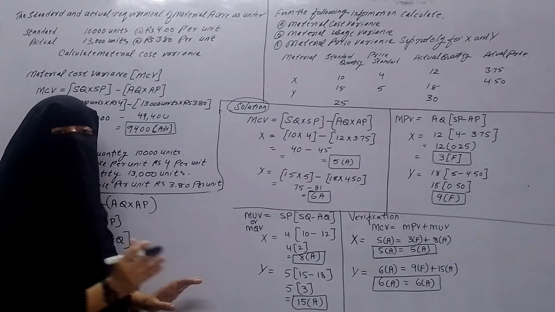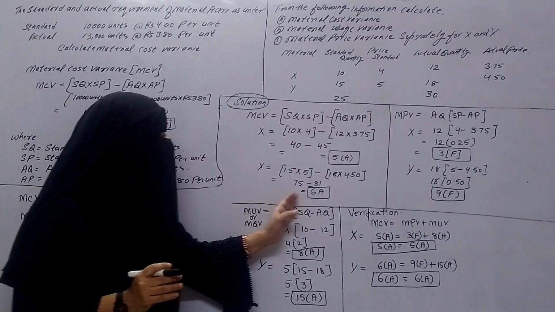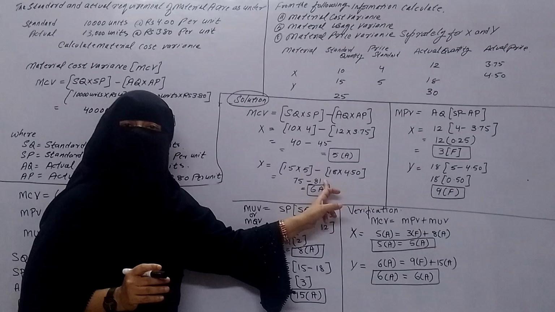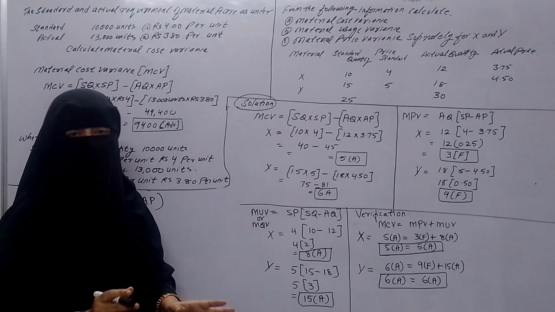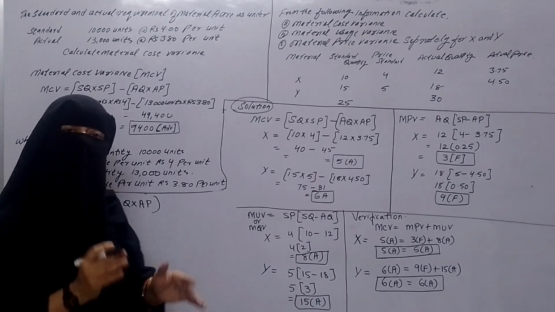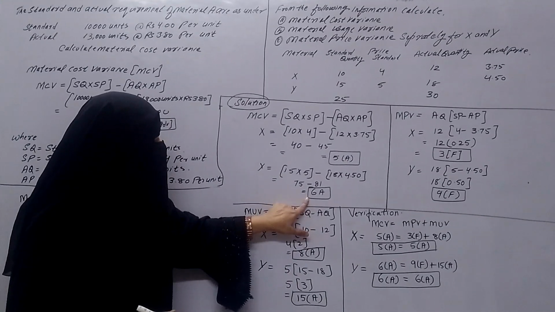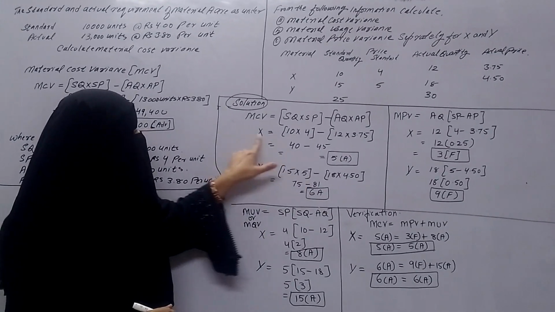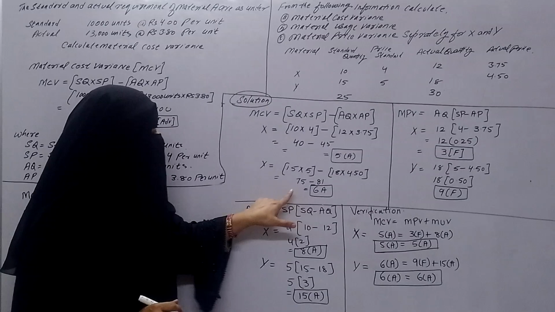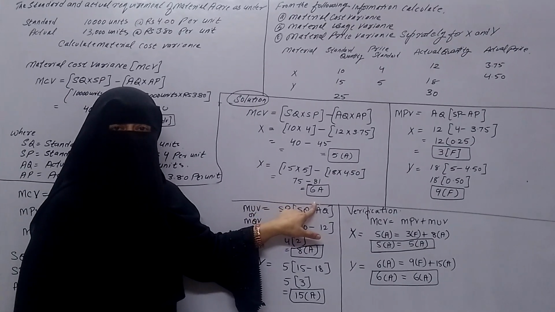Again here standard cost is 75 and actual cost is 81. Here actual cost is more. So whenever actual is more, the difference is called adverse. So 6 is adverse. For X, 5 adverse. For Y, 6 adverse.